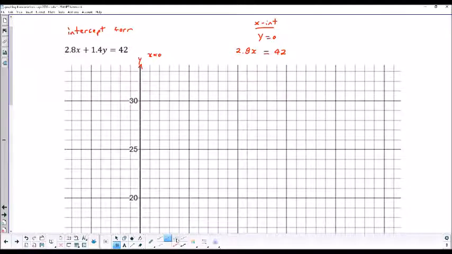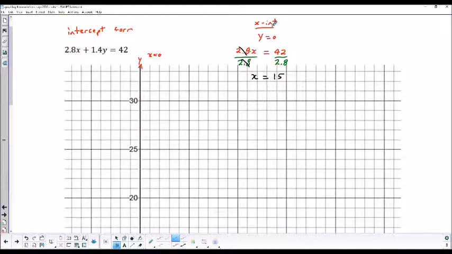There's no sign between the 2.8 and the x, so I know that's multiplication. In order to isolate the x, I need to divide by 2.8 on both sides. 2.8 over 2.8 as a fraction just equals 1, so I'm left with 1x. So x equals 42 divided by 2.8, which is 15. I used my calculator for that, of course.